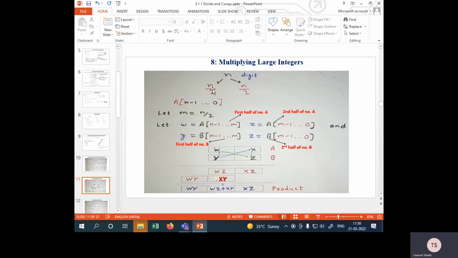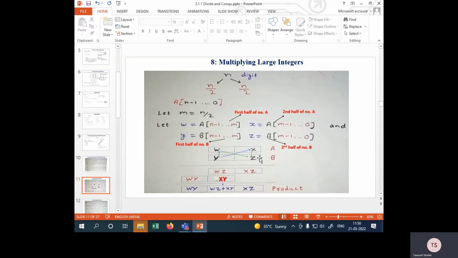Similarly, for another number, we store it in y from n minus 1 to m and from m minus 1 to 0 in z. So we divide it into two actual partitions, half partition in w, half in x, and the second number whose half in y, half in z.